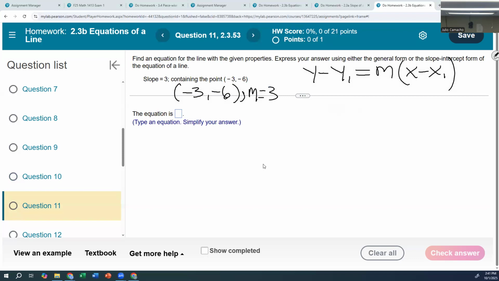Let's label or tag our information. That is my x1 and my y1. Let's find the equation. The equation is y minus y1, and y1 is minus 6. So y minus (-6) is equal to 3 times x minus (-3).